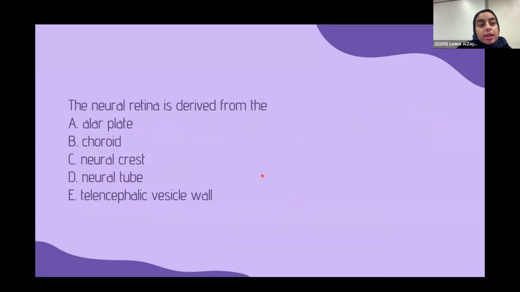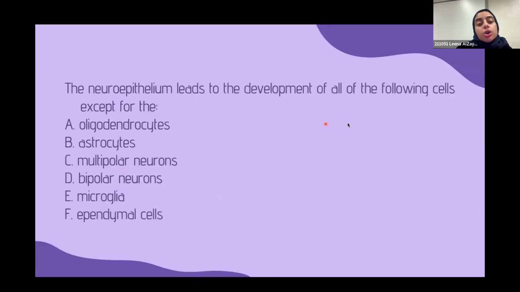Okay, the neural retina is derived from the... Okay, it's from the neural crest cell as well. Okay. The neuroepithelium leads to the development of which of the following cells except for the neuroepithelium?